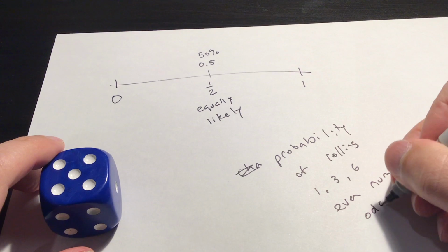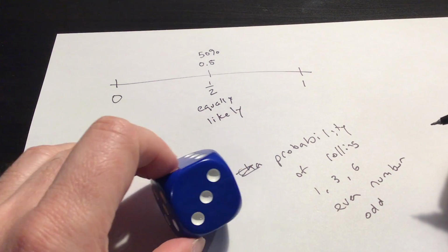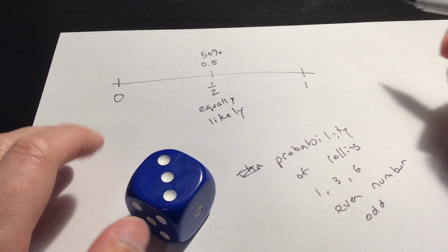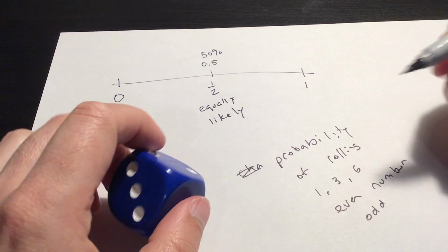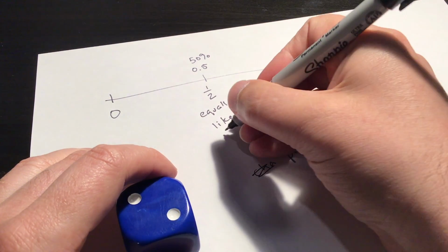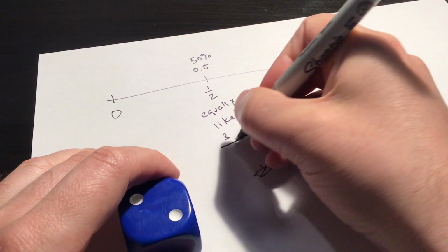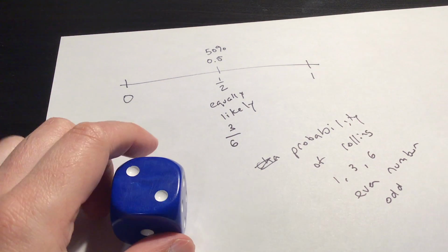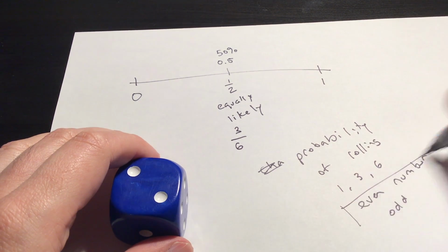Or I could say odd, okay? So I try to think of something where I have 3 outcomes, okay? And that would still fit that, but more reasonably, I could instead use a different fraction. So instead of 1 out of 2, 1/2, I could say 3 out of 6. And in my opinion, that's a better fraction to represent, let's say, an even number, okay?